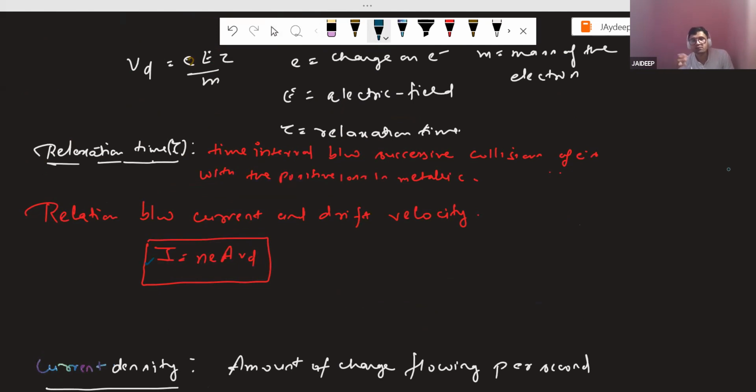The number of electrons per unit volume. So n is electron density.